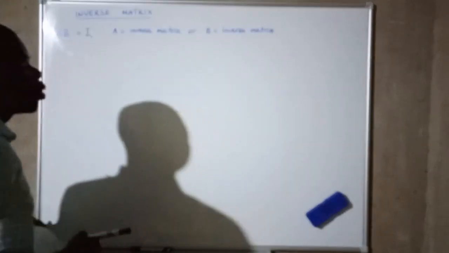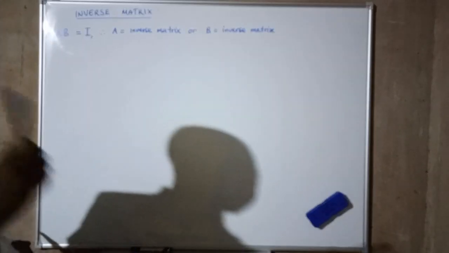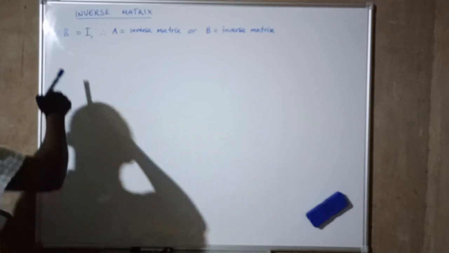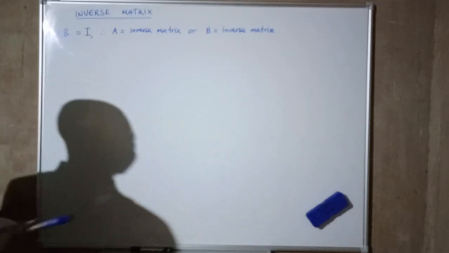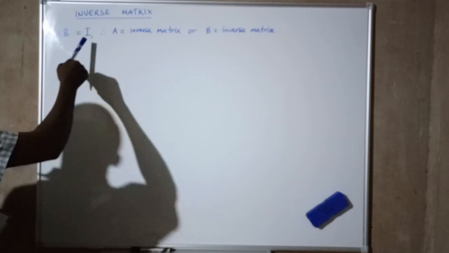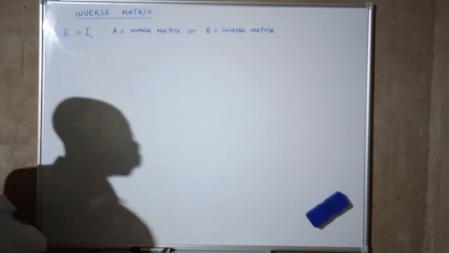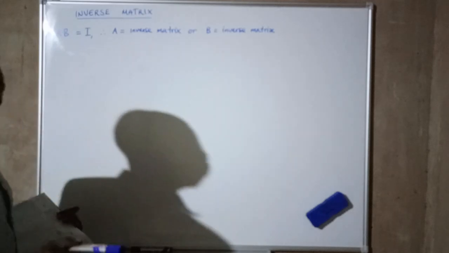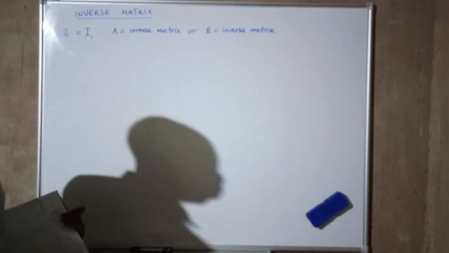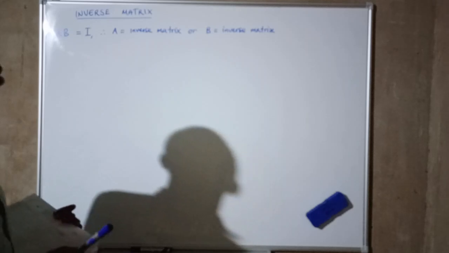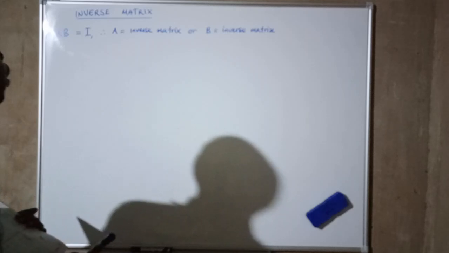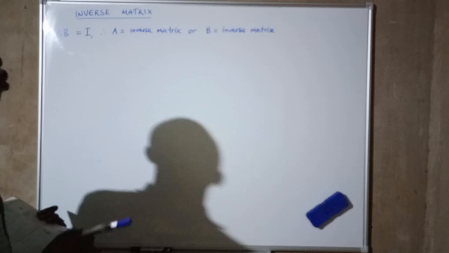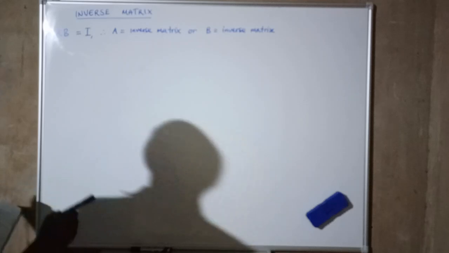So this is an assumption now. The main important point is this. If you get two matrices, you multiply them, and the product, the answer, is an identity matrix, then one of those matrices is an inverse matrix. And an inverse matrix is denoted like this.